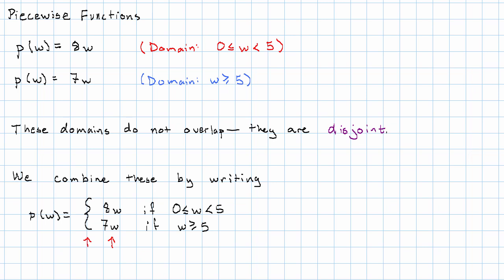Our formulas lined up vertically, then the word if also lined up vertically, and then the domains. And the way that we read this is literally as these two just stuck together.